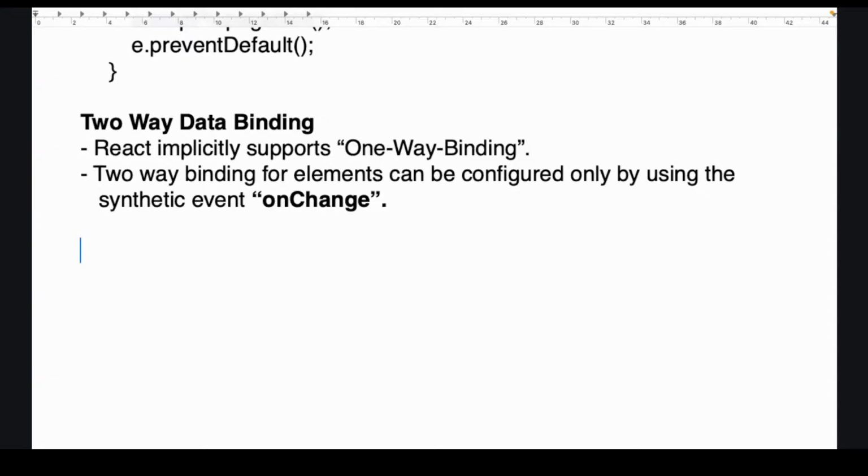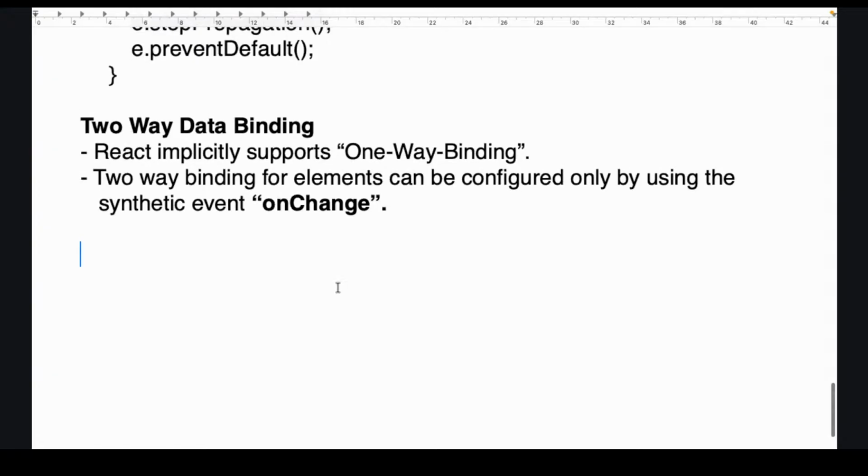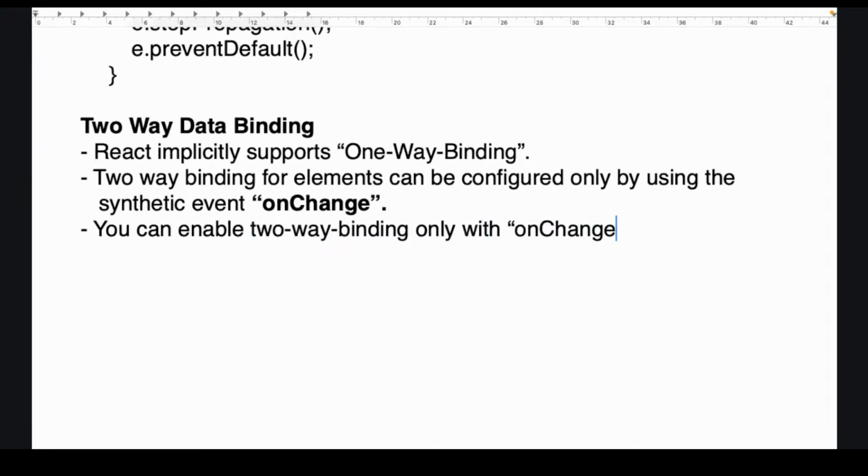Two-way can be enabled only by using on change. So here what is the point? You can enable two-way binding only with on change.